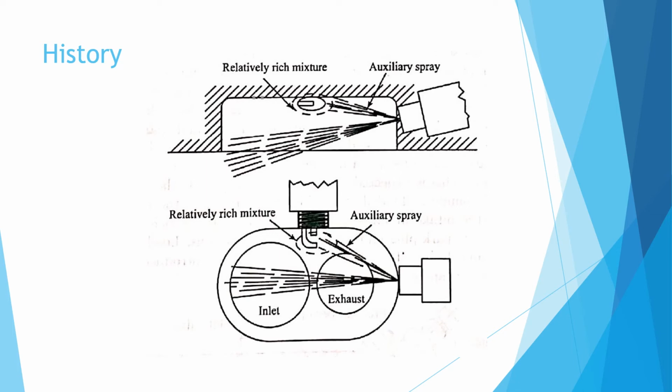So one is directly injected to the vicinity of the spark plug and another enters the combustion chamber by the auxiliary spray.